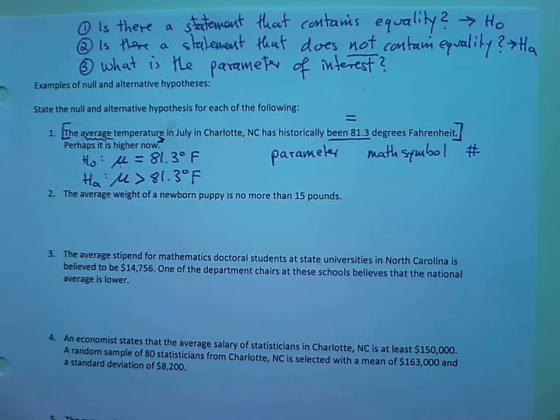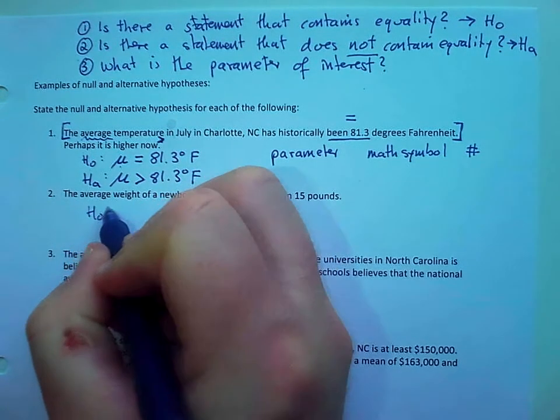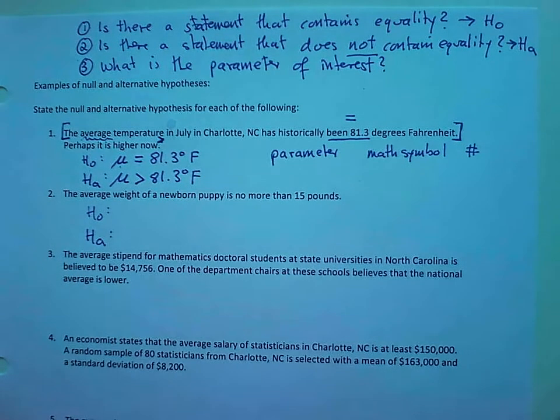Number 2 says, the average weight of a newborn puppy is no more than 15 pounds. Again, we're trying to write our null and our alternative hypotheses. First question that we're going to ask ourselves is, is there a statement which contains equality? The average weight of a newborn puppy is no more than 15 pounds. So a puppy can be less than 15 pounds, but it can also be exactly equal to 15 pounds.